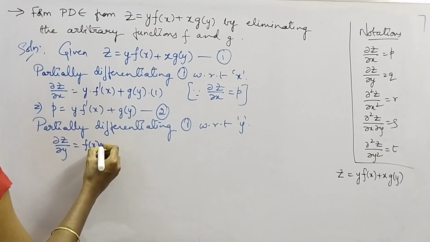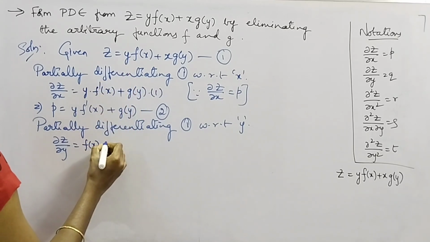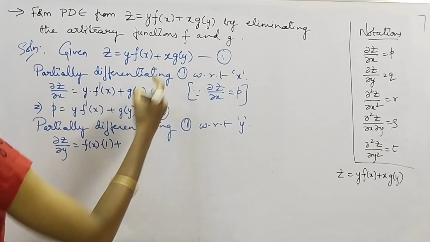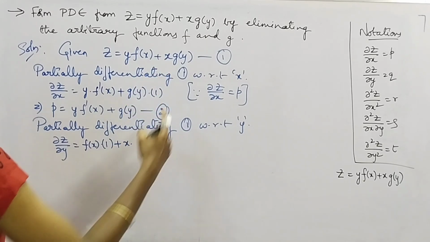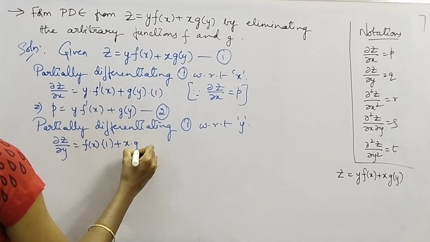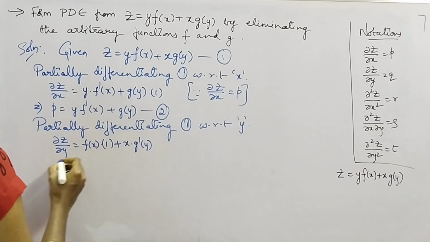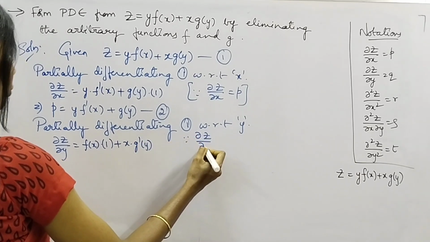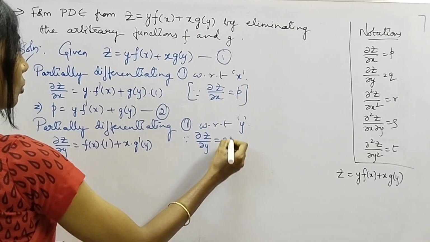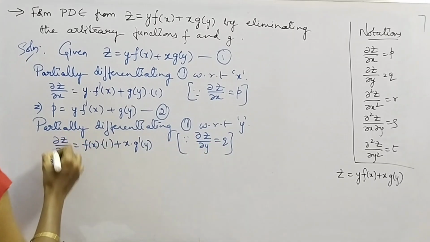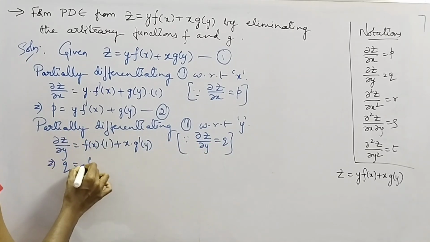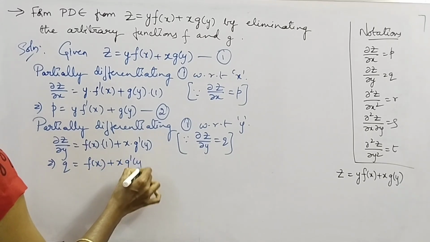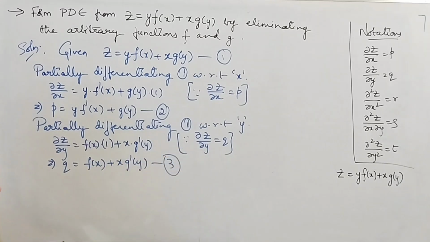We will get f of x into the partial derivative of y with respect to y, which is 1, plus, treating x as constant in the second term, x into the partial derivative of g of y, which is g dash of y. Also we have the notation dou z by dou y equal to q. We will replace the LHS by q. We will get q equal to f of x into 1 is f of x, plus x into g dash of y. Consider it as equation number 3.